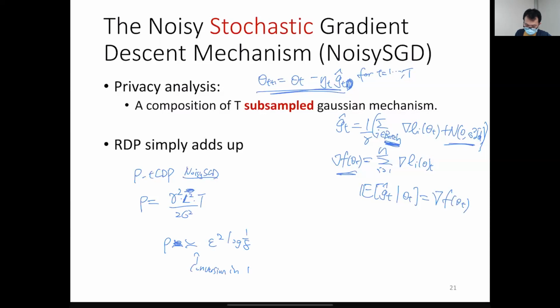Conversion in nice regimes. Okay, so in practice, we don't need to do this. We basically just call numerical tools, but for the sake of theoretical analysis, we want to understand the scaling, and this is the kind of scaling that relates rho to epsilon and delta. So even in a truncated version of the CDP analysis.